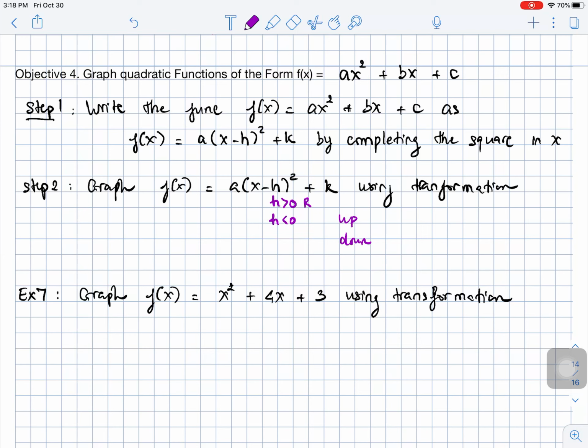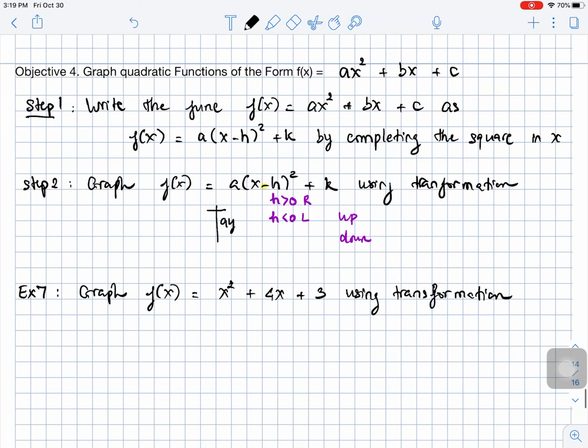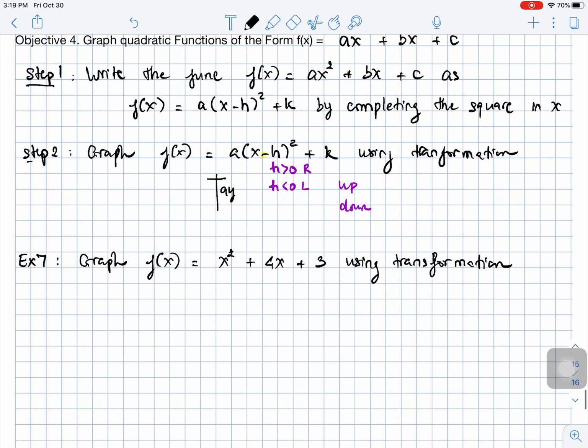So we notice that the k will tell us go up or down. If we have k positive, we will move the graph up, and if we have the k negative, we will move the graph down. For the h, if h is positive, we will move it to the right, and if h negative, we will move it to the left.